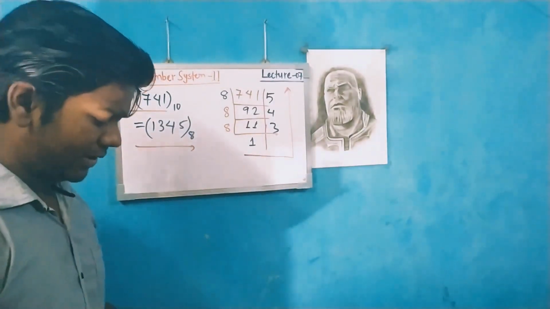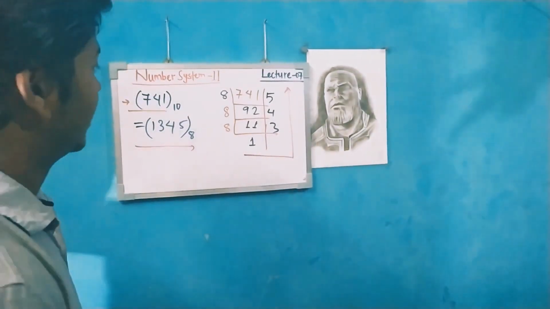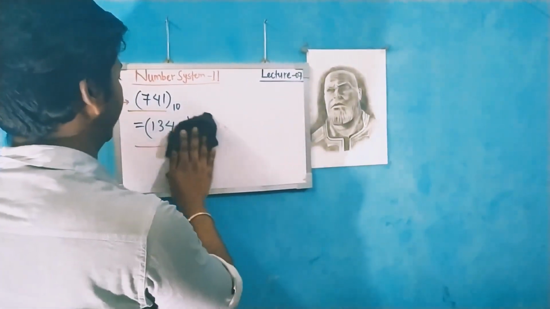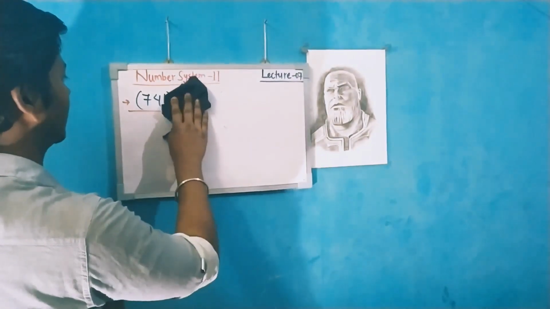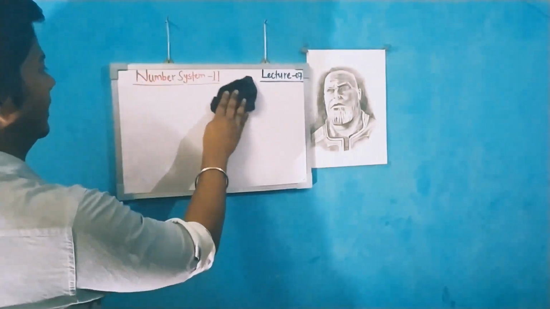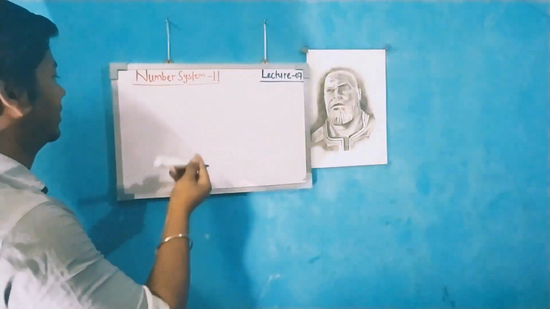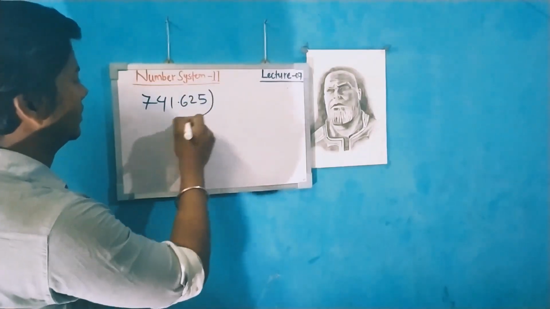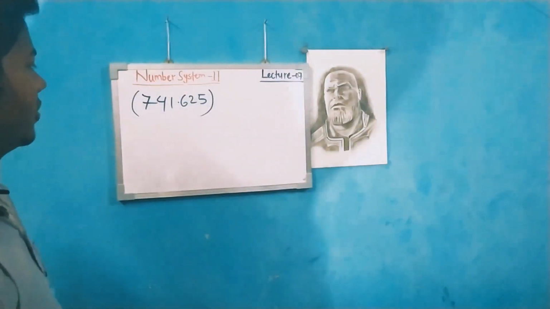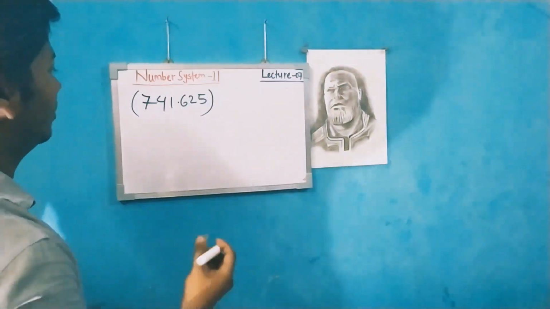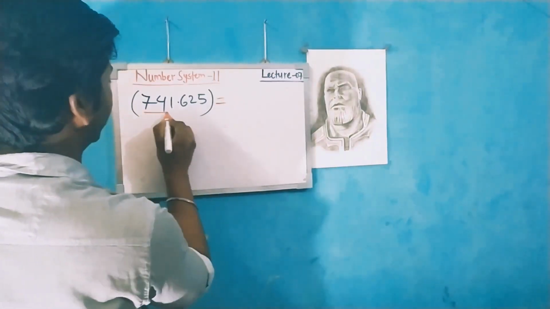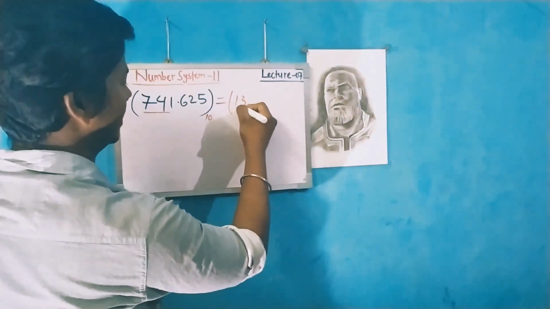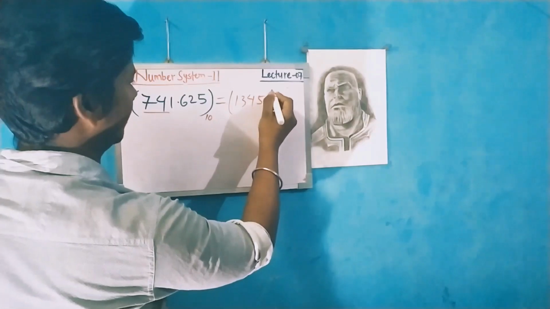So this is basically the octal equivalent of this decimal number. Now suppose we have some fractional part, so what do we do for that fractional part? Suppose you have a number 741.625, so how to convert this number into octal? Already you have calculated the integer part as 1, 3, 4, 5.